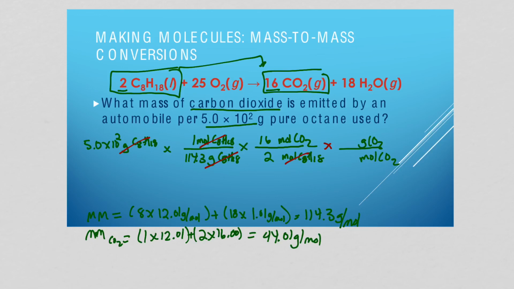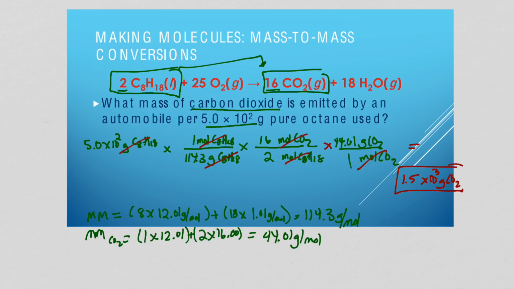So 44.01 grams of CO2 per mole of CO2. My moles of CO2 cancel out. So now I can go through and do my math. And so I get to do my calculation. We end up with 1.5 times 10 to the third grams of CO2.